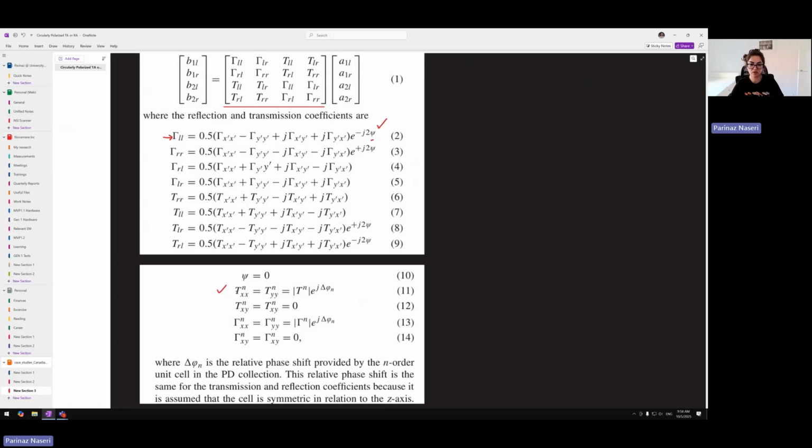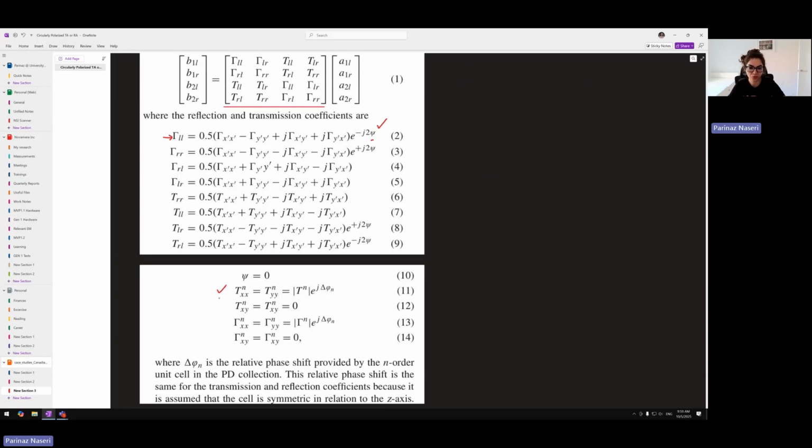When you have a square, or something that is symmetric along the X and Y axis of that unit cell, then you can say, okay, my TXX and TYY, or gamma XX and gamma YY, are equal. And since this is a symmetric one, by design, the cross-polarized XYs are going to be 0.